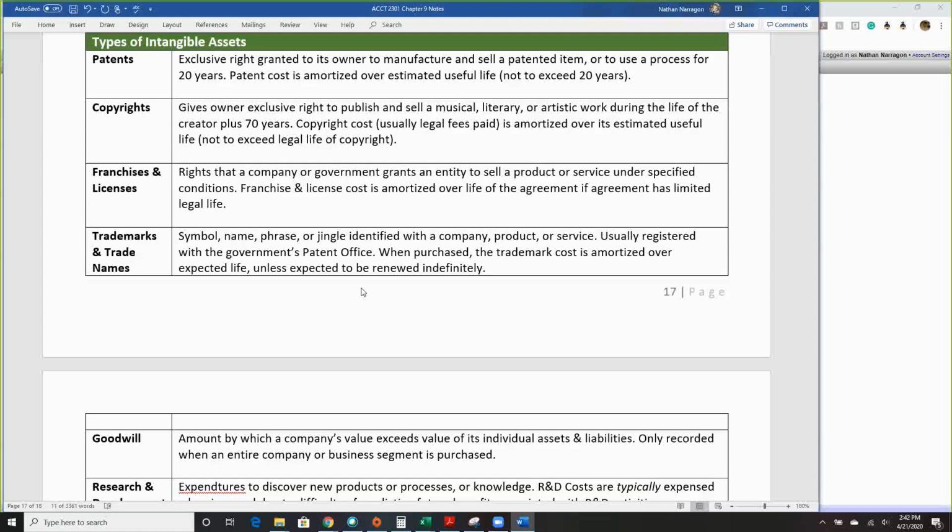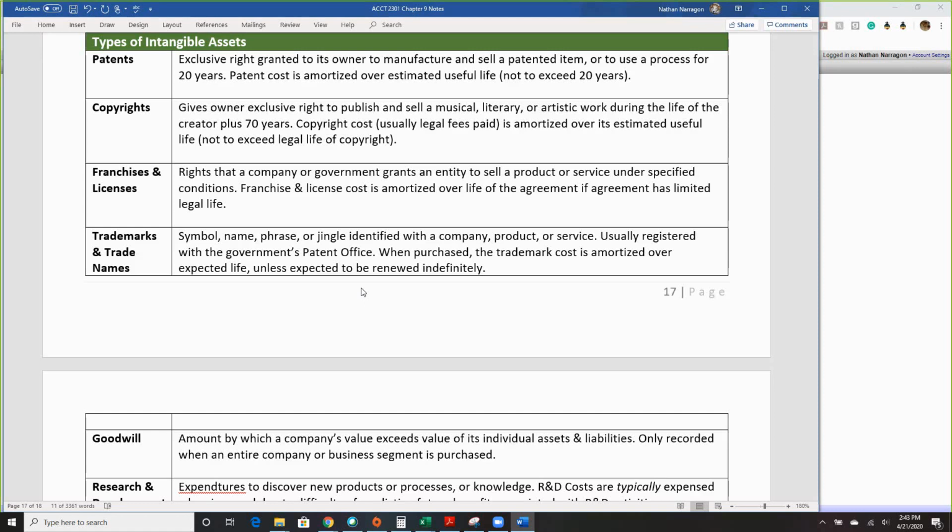Franchises and licenses. These are rights from companies to basically be able to sell a product or service under specific conditions. These are usually what we see in major companies like Subway, McDonald's, Valvoline, if it's one of those garages. So like all those stores that have a brand name, a lot of them can be known as franchises.